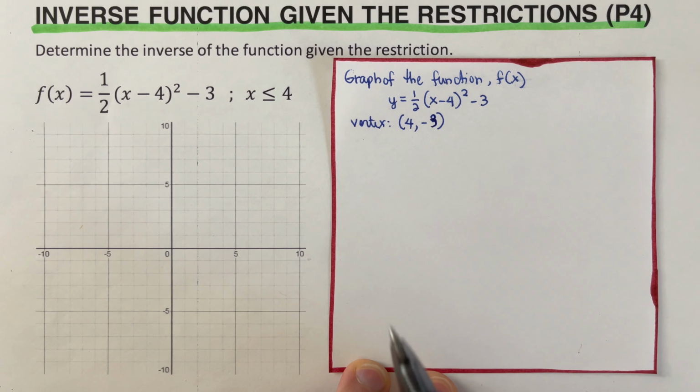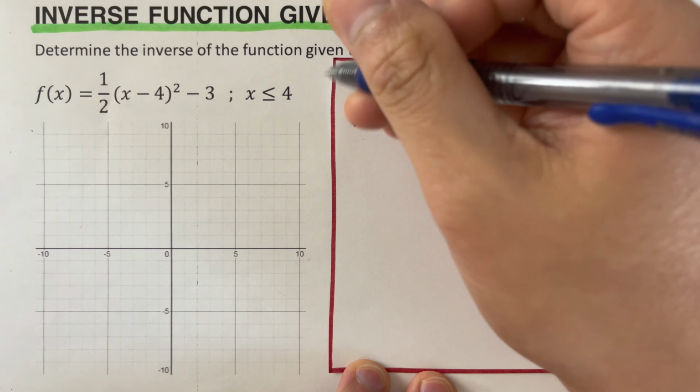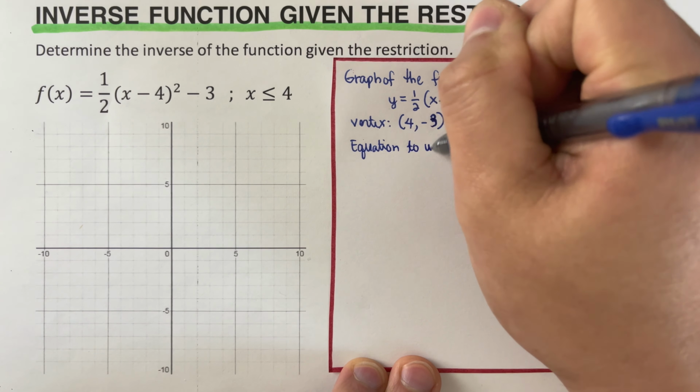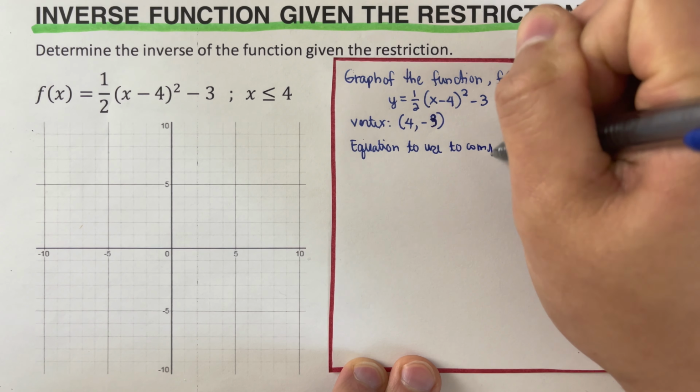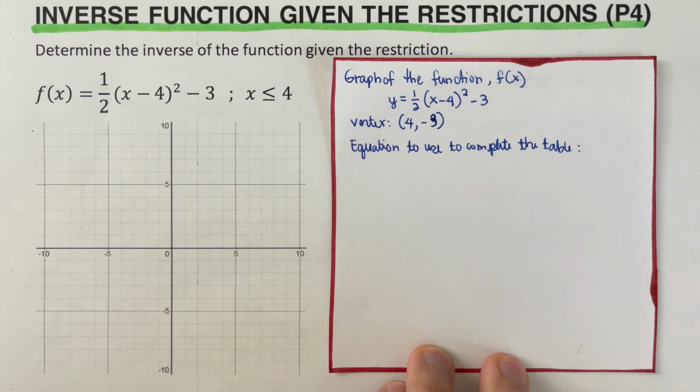Now we are ready to determine the equation to use to complete the tables. I'm just going to write that down here. In order to determine the equation to use to complete the table, we're supposed to cover the h and the k.